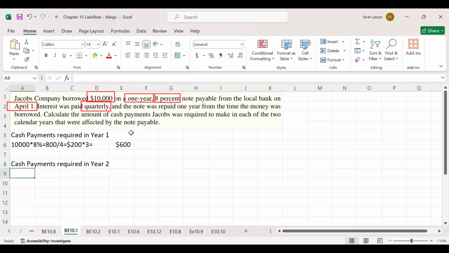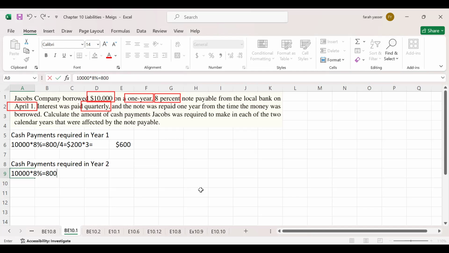After 3 months, means after quarter one, January, February, and March, on 31st March or 30th March, the company will have to pay 3 months or 1 quarter of interest, as well as repay the notes payable amount. The interest calculation is similar to year one: 10,000 multiplied by 8%, which is $800.